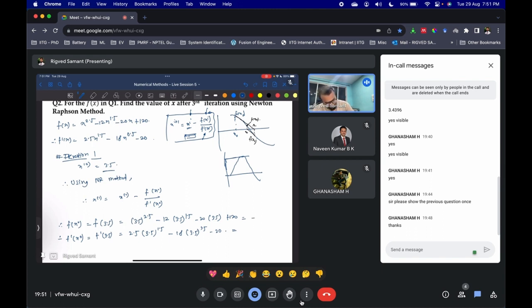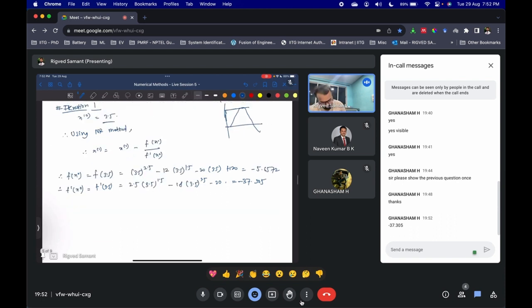So this would come as 5.6572, and this would be minus 37.305. So now you have all the values. You can put x1 would be x of 0 which is 3.5 minus 5.6572 divided by minus 37.305.